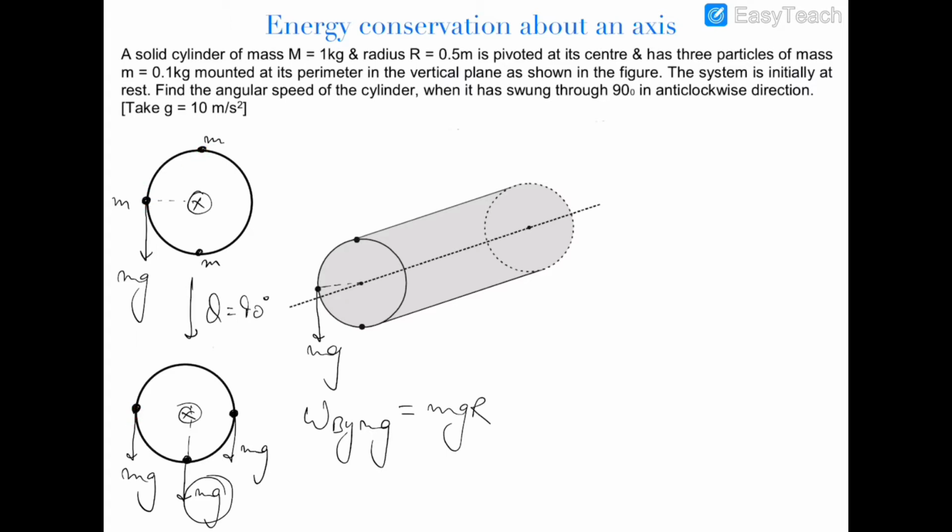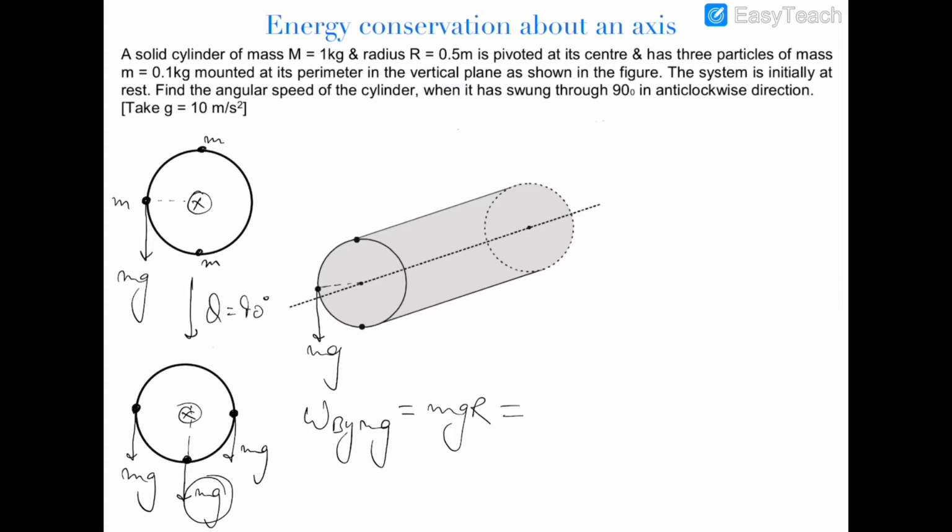So the distance by which this mass has descended in the y direction is r, therefore work done by mg on this mass is mgr. So this is total work done on the system, and this total work done is utilized in the kinetic energy.